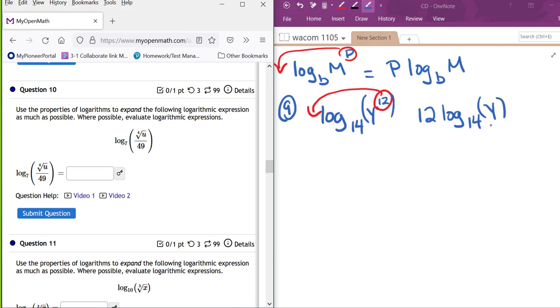On 10, you need to remember if it has a radical, that is a rational exponent, so a fractional exponent. I think we can fit it here.